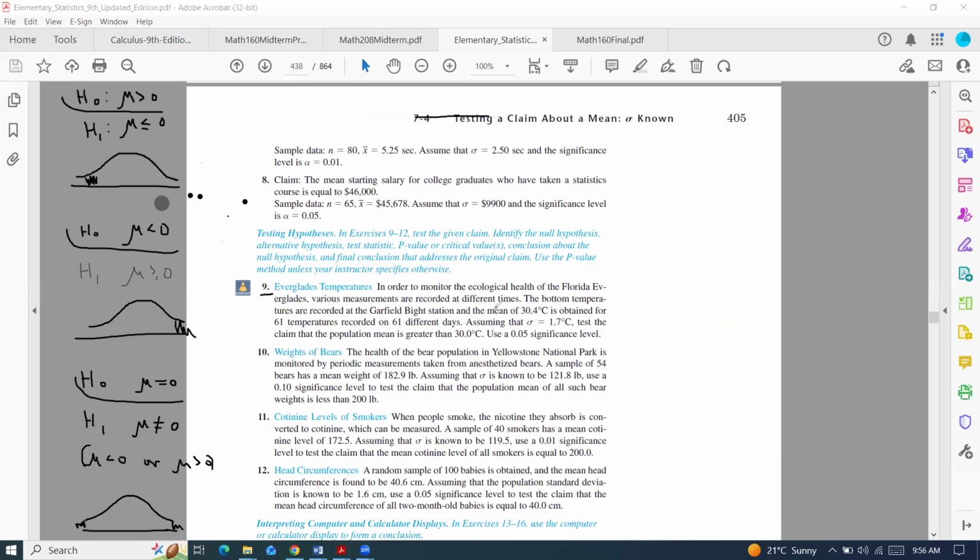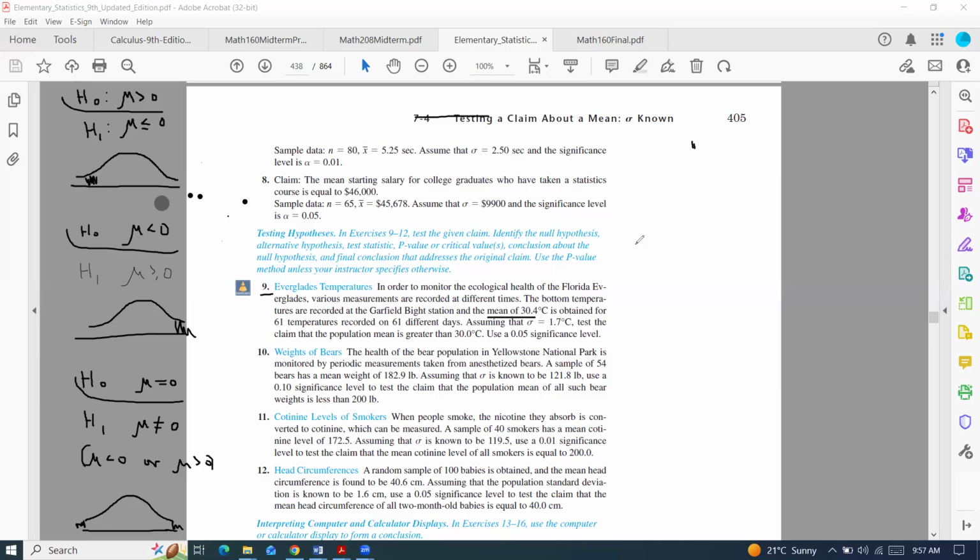They measured at different times. For some reason, they decided to go with degrees Celsius. You can always convert Celsius to Fahrenheit if you want. But it says the mean is 30 degrees obtained for 61 temperatures.